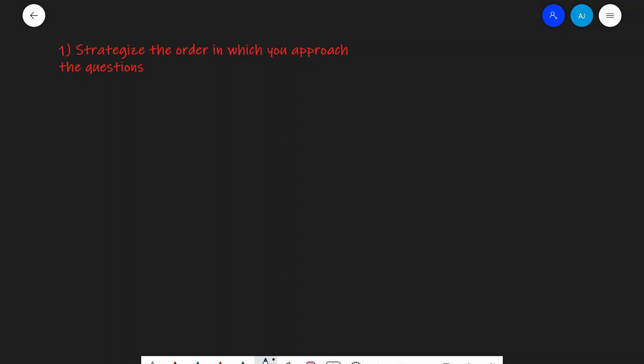Okay, so the first tip is to strategize the order in which you approach the questions. You might not know this, but the College Board usually makes it so that the last few questions in the math sections are tougher than the rest of the problems, while the first few are easier.